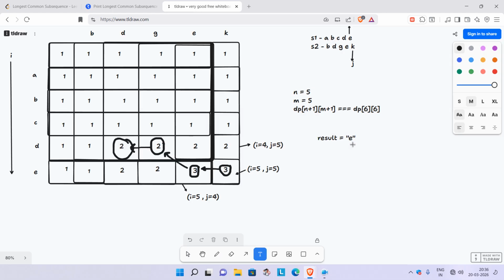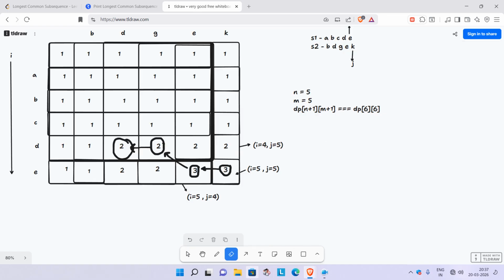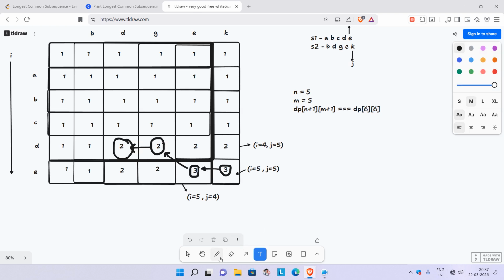I think this is showing overlapping conditions, so I need to erase it and do this again. Since D and D match, it goes diagonally to here. Now again there's a C and P, which do not match, so either in this direction or this direction, it doesn't matter.